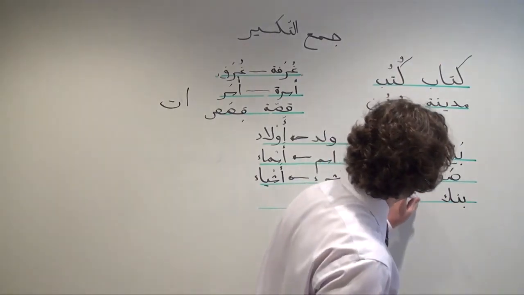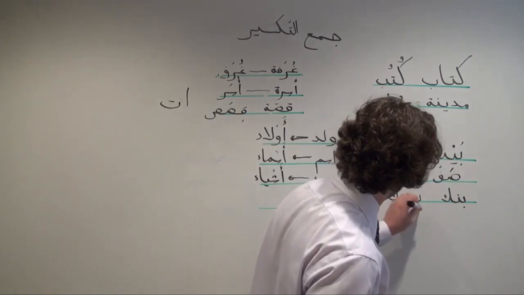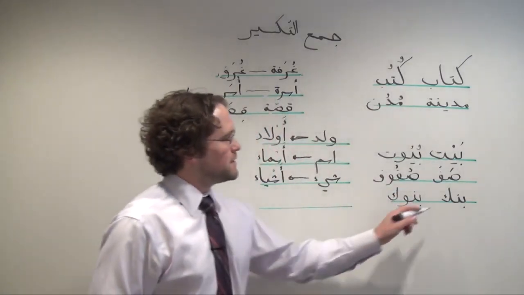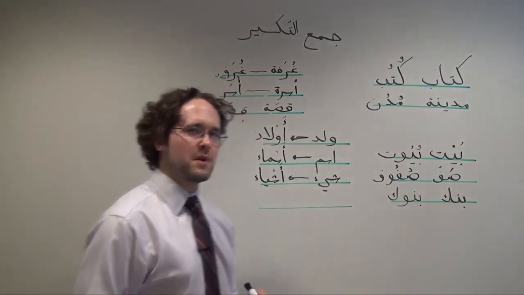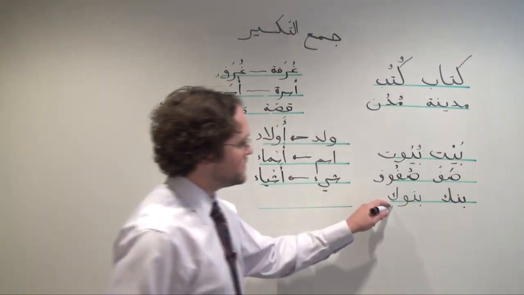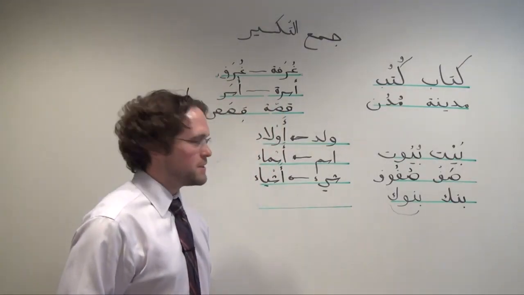If we want to talk about more than one bank, we refer to a group of bunuk. Bank is a loan word from some European language, but the plural is Arabized. It's a broken plural.